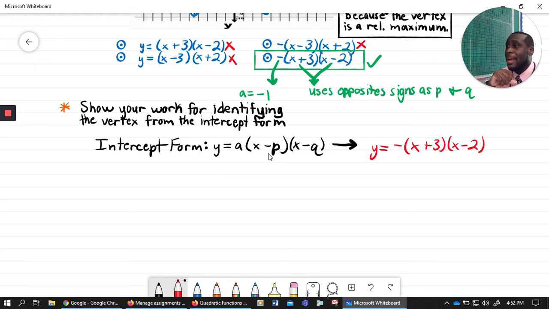So we already have that, and we technically already have what P and Q are. We already know exactly what P is and what Q is too.